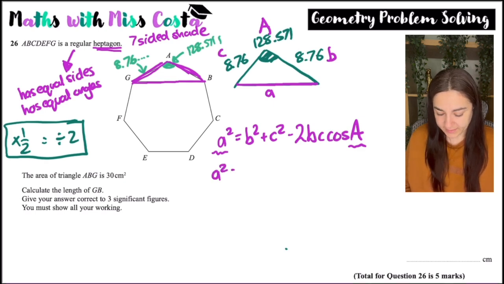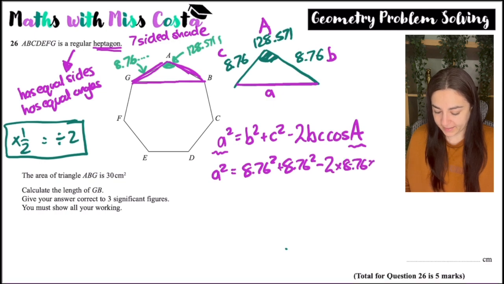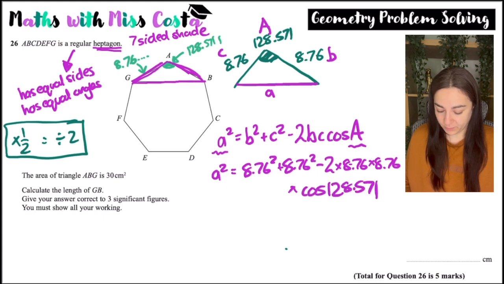So a squared is going to be 8.76 squared plus 8.76 squared, take away 2 times 8.76 times 8.76 times cos 128.571.